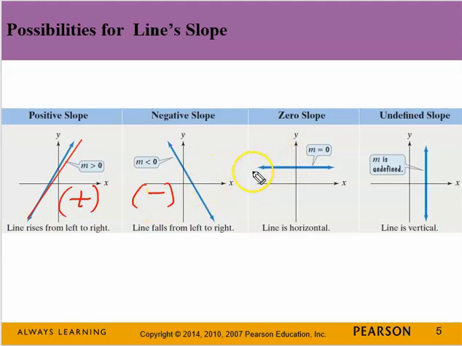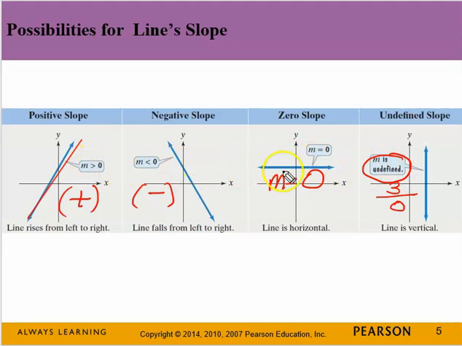Starts high, goes down as you go to the right, negative slope. Now, how about a horizontal line? Well, we say that is 0 slope. And the vertical line, as we said, when we did the slope, our denominator would be a 0. Could be like 3 over 0. When our slope formula gives us this as a result, we say it's undefined.